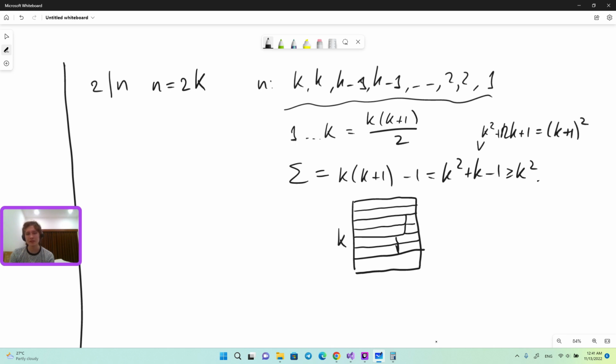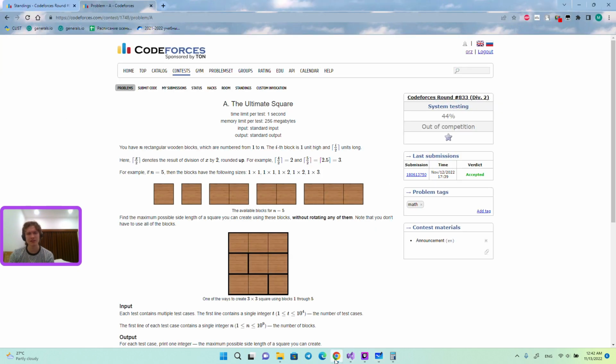We stop when these two numbers get equal.